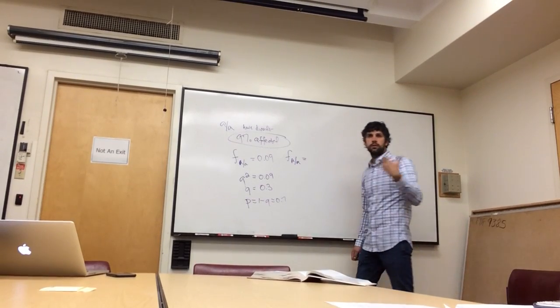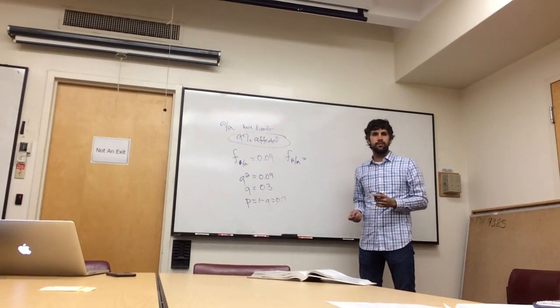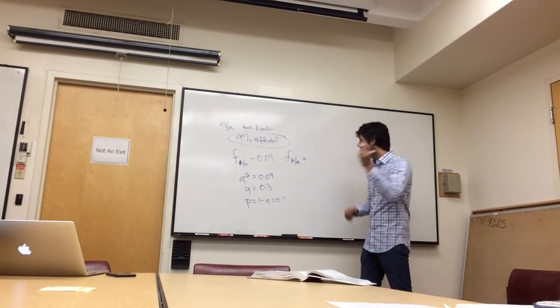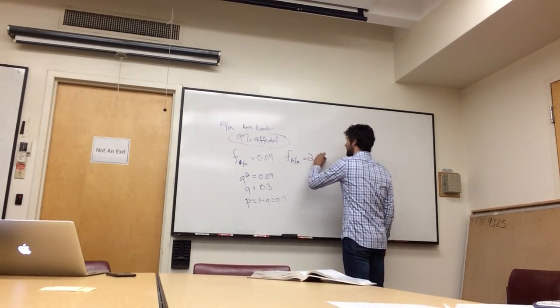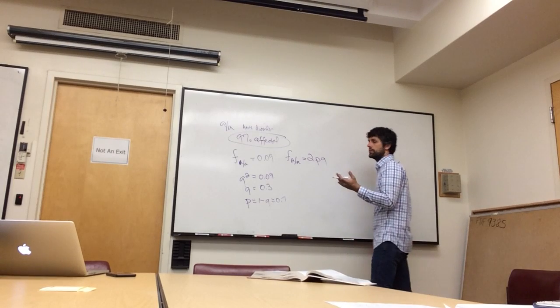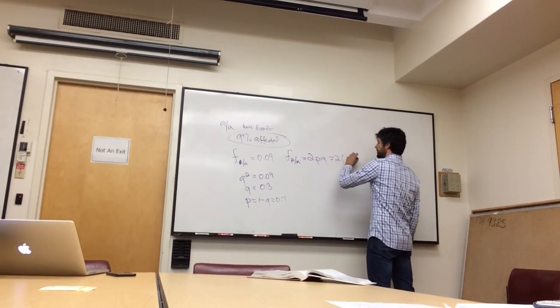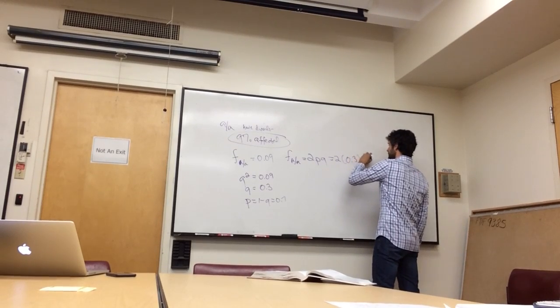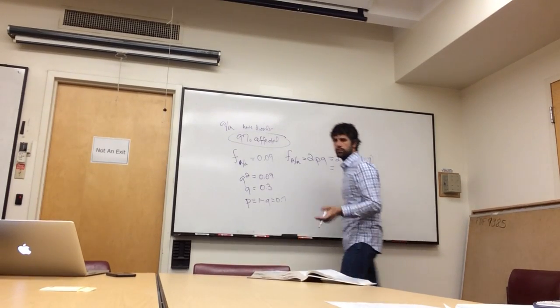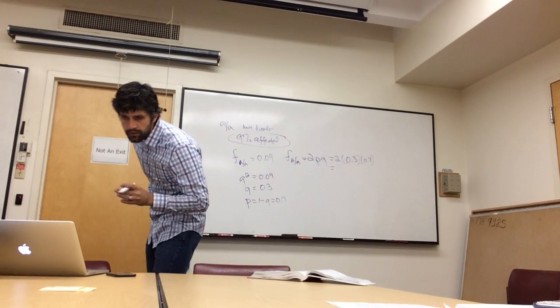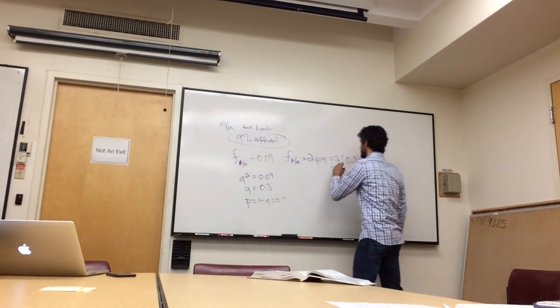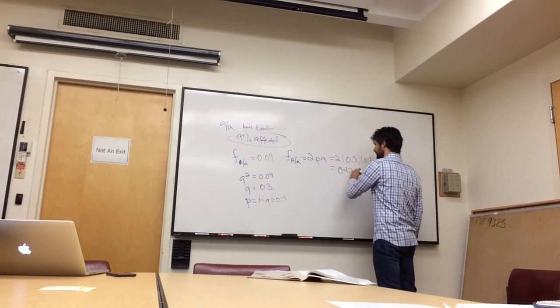So what is the Hardy-Weinberg 2pq? There you go. That's going to be our frequency of heterozygotes and carriers, so that's 2 times 0.3 times 0.7, and then we end up with 42% of the population are carriers.